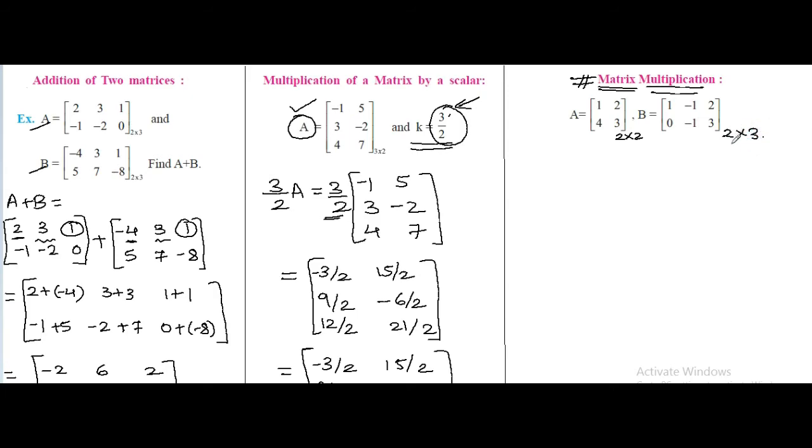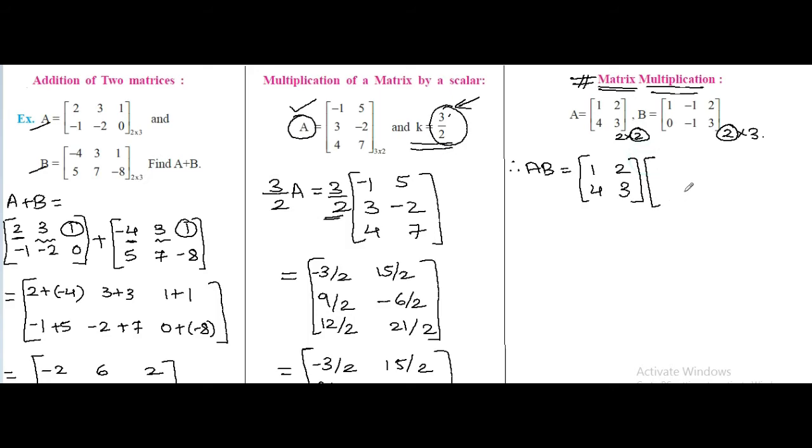Now here you need to observe one thing. Columns of the first matrix and rows of the second matrix must be the same. If they are the same, then only we will be able to multiply them. Therefore, we can find the multiplication of matrix A with B. So that will be, what is matrix A? 1, 2, 4, 3.